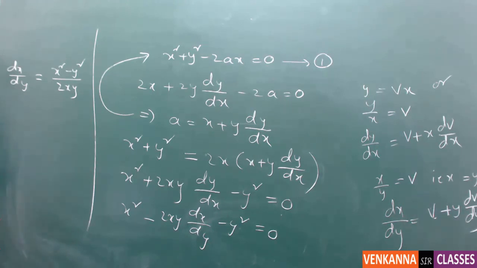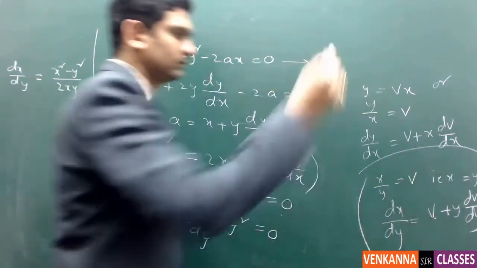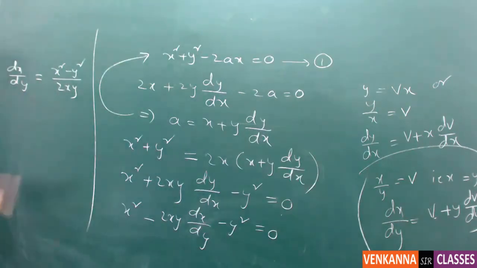x by y. Because here you have the differential dx by dy is equal to something. So we are going to put x is equal to vy, so dx by dy is equal to v plus y into dv by dy. This is what we are going to use here. So let us substitute the values.